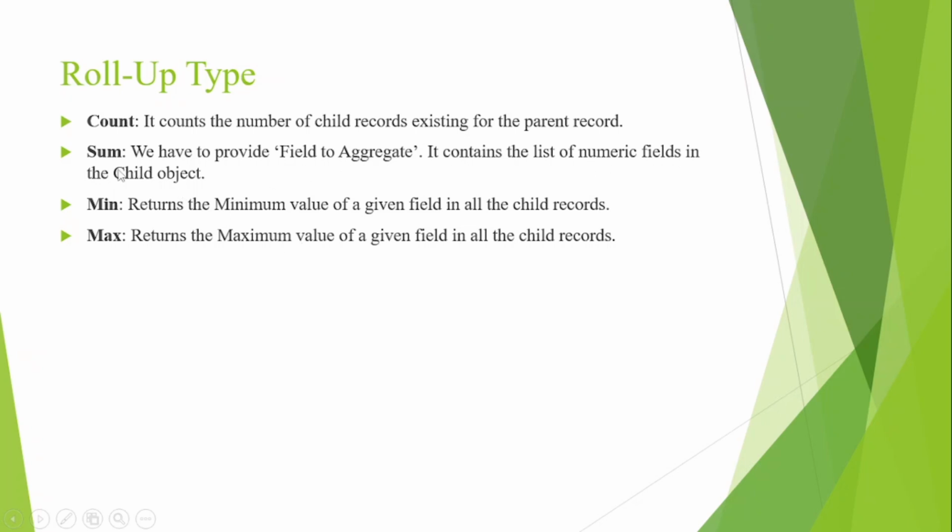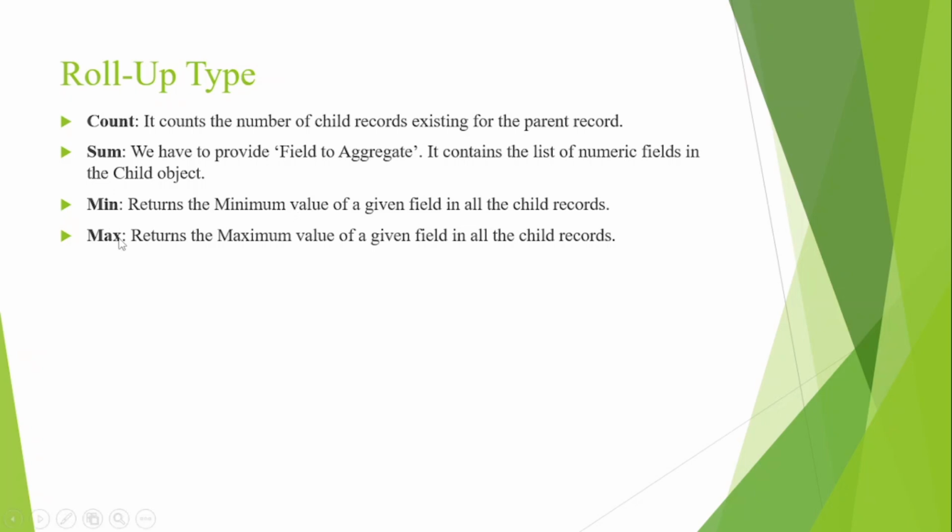Min is for minimum; it returns the minimum value of a given field in all child records. So if the child records number 100, and in those 100 records I want to know the minimum value, we use the min function.